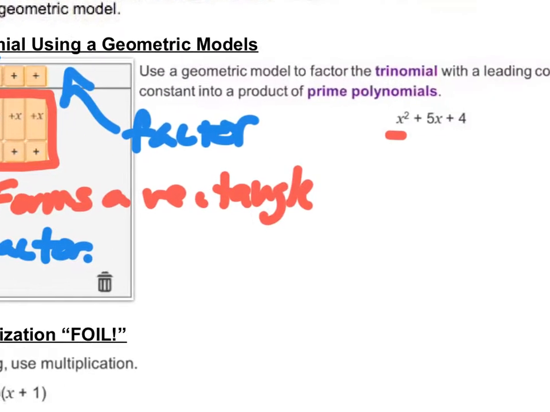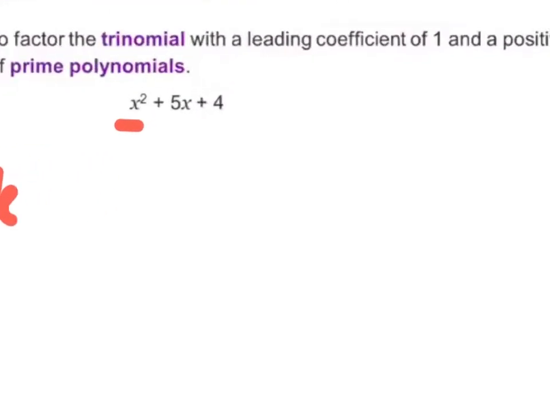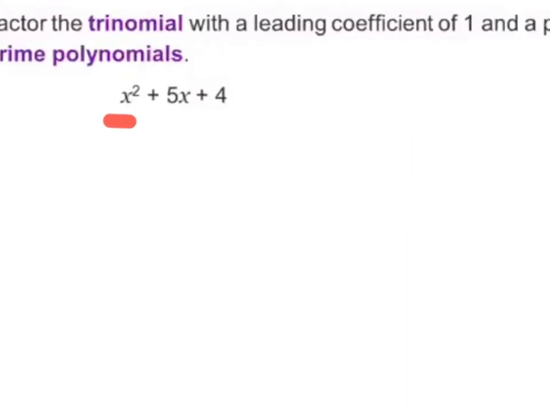So I can take this trinomial, which is x squared plus 5x plus 4, and in previous ones we were factoring these out, but what we can do is say that this is equivalent to x plus 1 times x plus 4, okay?